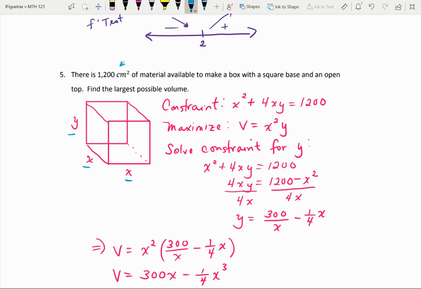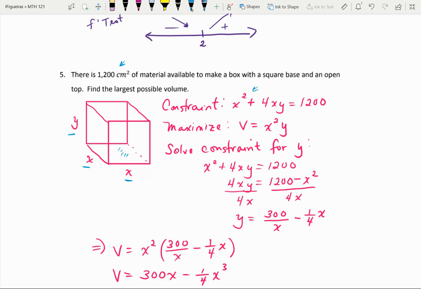So my constraint formula is the sum of all of the areas of the 5 rectangles or square, because the bottom is a square, that make up the box. Remember that the top is open. So the bottom area is this bottom one here. And so that's the x squared part.